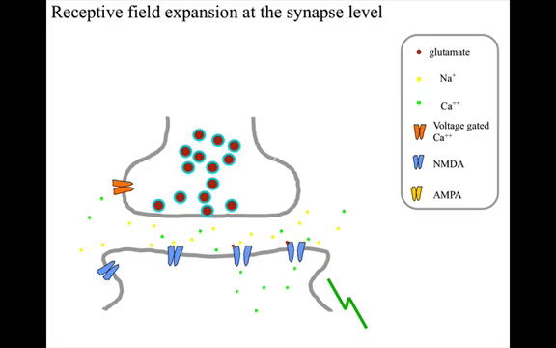The NMDA channels pass calcium, and the calcium ions initiate a cascade of chemical reactions that results in addition of AMPA channels to the synapse. So the silent synapse has now acquired some synaptic weight and can contribute to firing of its branch in the future.